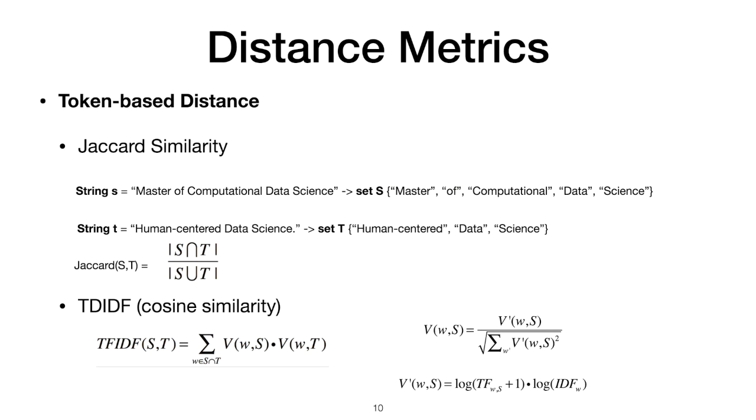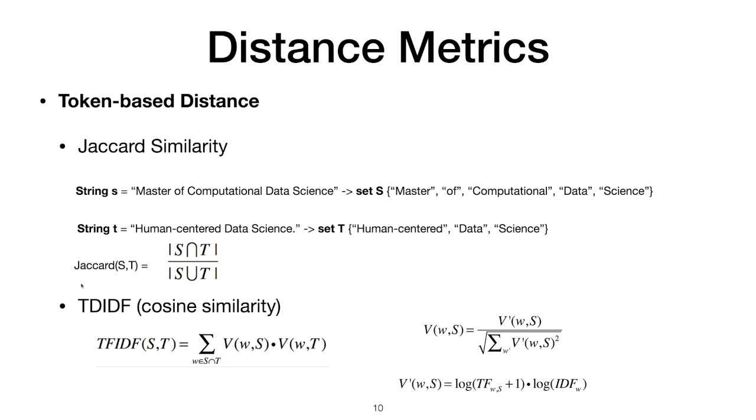The second type of distance metric is the token-based distance. In this type of distance, each string is viewed as a multi-set of words. For example, given a string master of computational data science, we first need to transform it into a set where each item is a word in the original string.